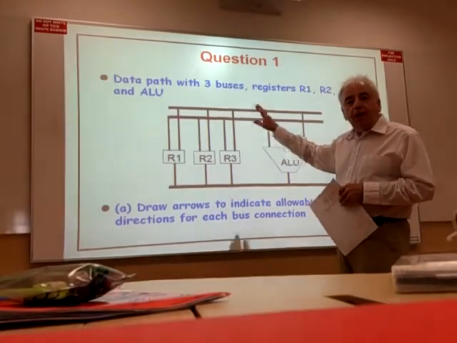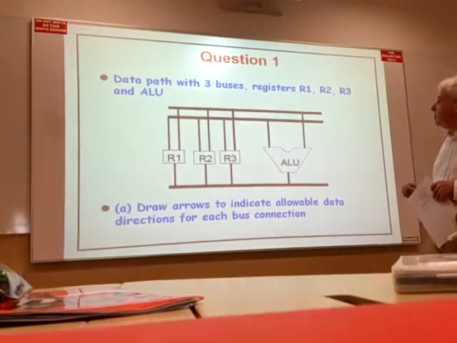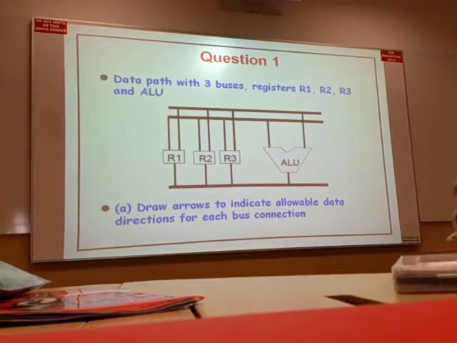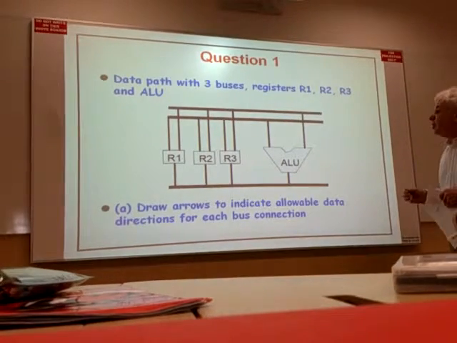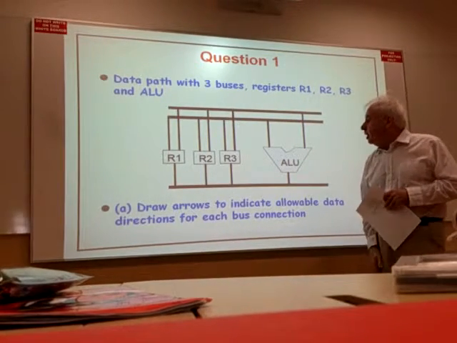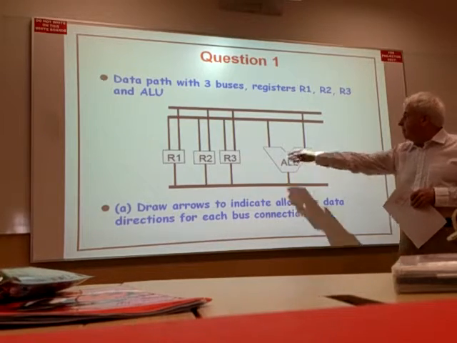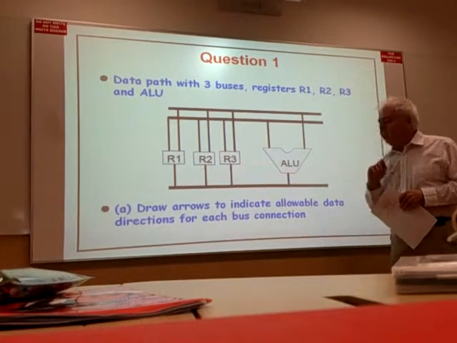We're given the data paths between some registers and the arithmetic and logic unit, the ALU. So in this particular architecture, we actually have 3 buses. We have 1, 2, 3 buses.